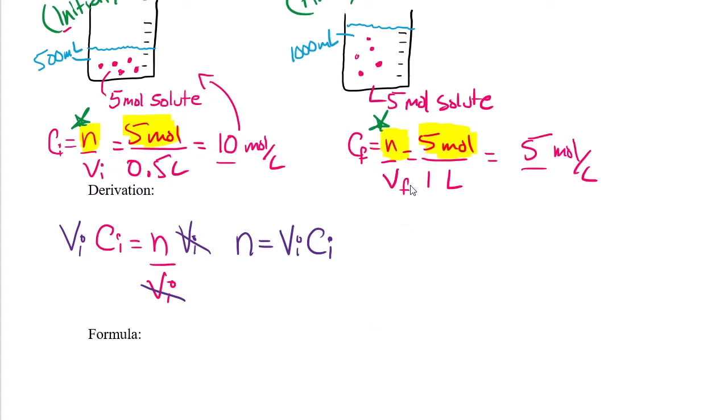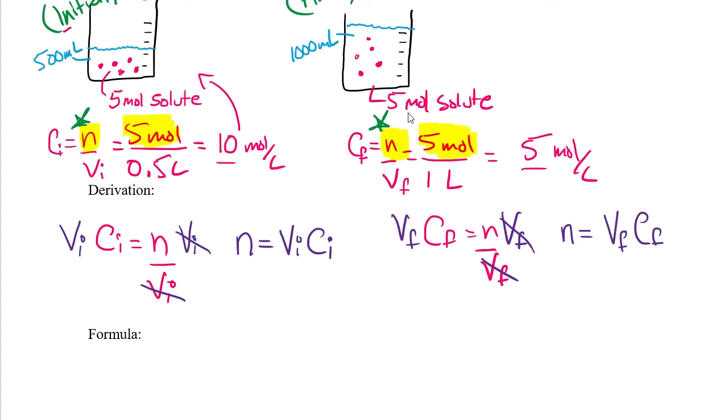And then the manipulation is going to be the same over here, right? If I start with my CF equals N over VF, I multiply by VF on both sides. And that gives me N equals VF times CF.